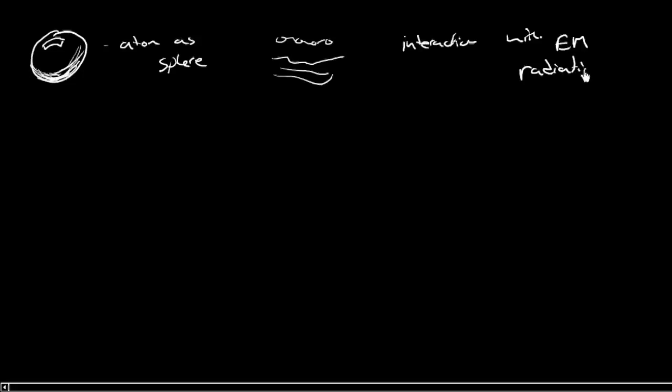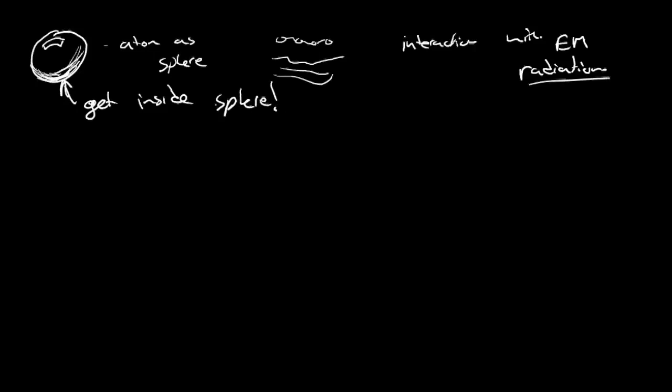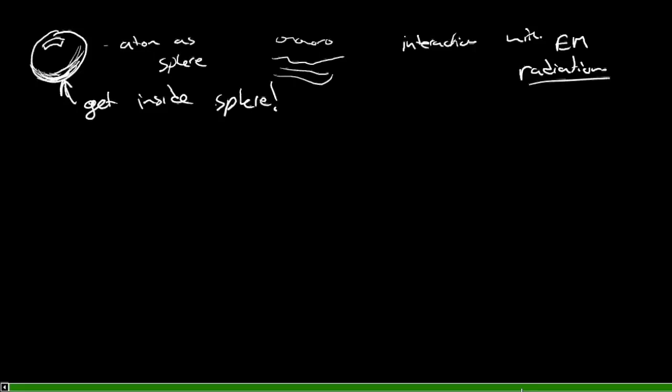So we need to get inside. We need to crack this thing open. We need to get inside the sphere. Right, so let's do that. And I think that we can proceed fairly quickly, assuming a certain level of background knowledge.